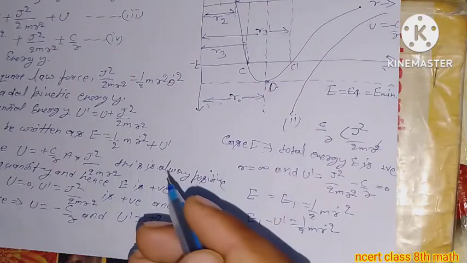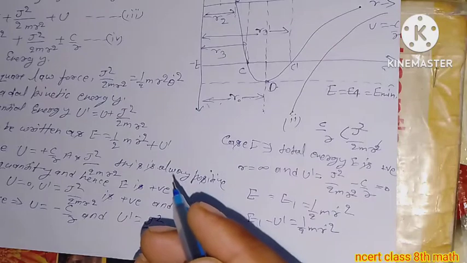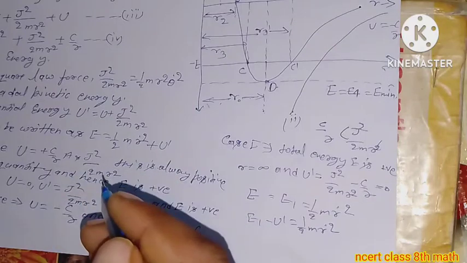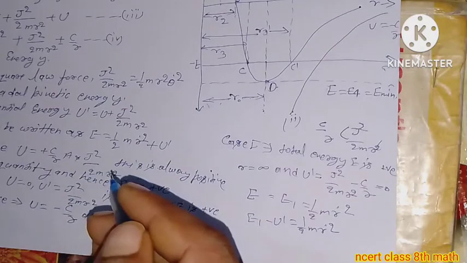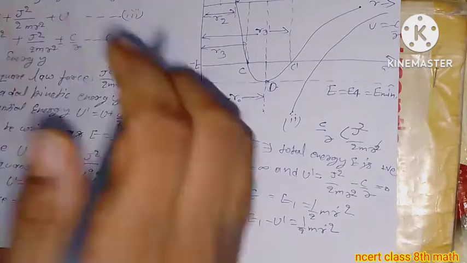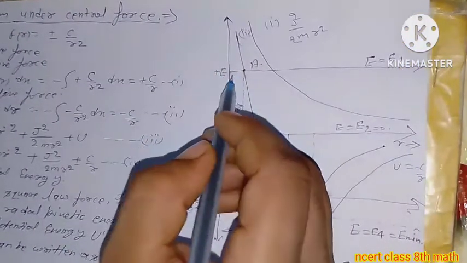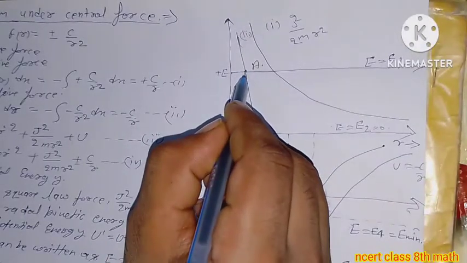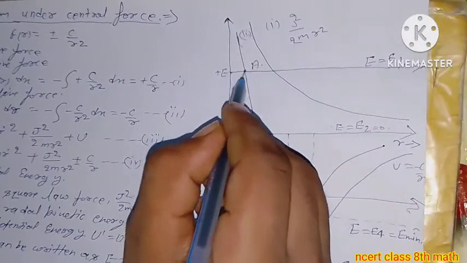Thus the region to the right of A is entirely accessible to the particle, and the region to the left of A is strictly forbidden.